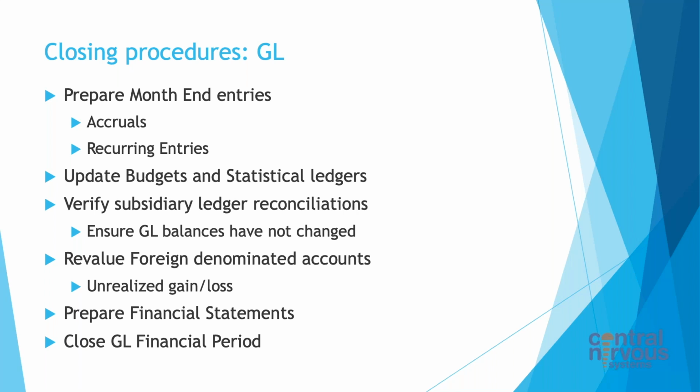If we're running budgets and statistical ledgers, we want to make sure that we update those as necessary so that our financials will be true. Verify that the subsidiary ledger transaction reconciliations are still good. So ensure the GL balances have not changed because we've closed the subledger.